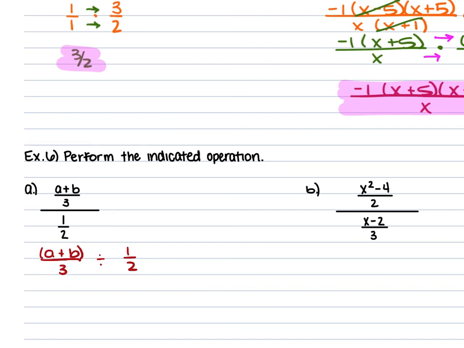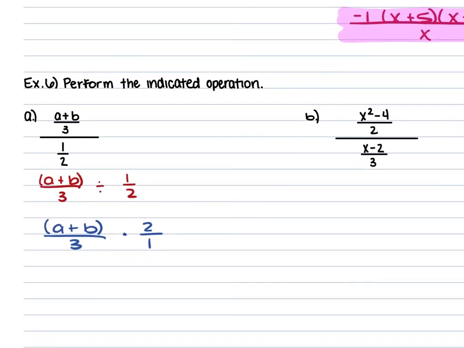Division and fractions mean the same exact thing. So if we keep, change, flip, we're going to have a plus b over 3 times 2 over 1. We cannot simplify before we multiply, so we're going to multiply straight across, and we get 2 times a plus b all over 3.